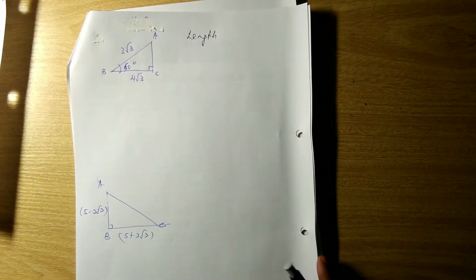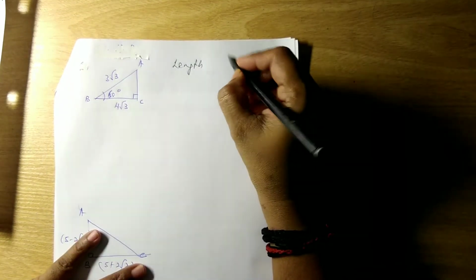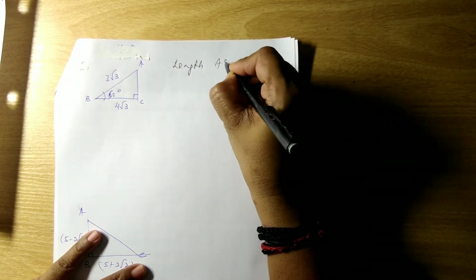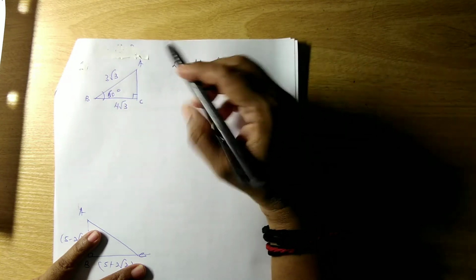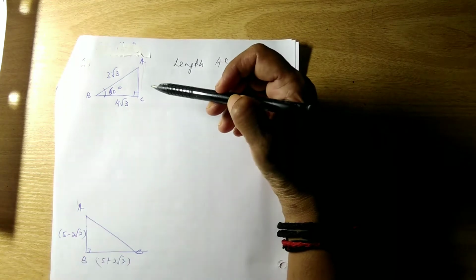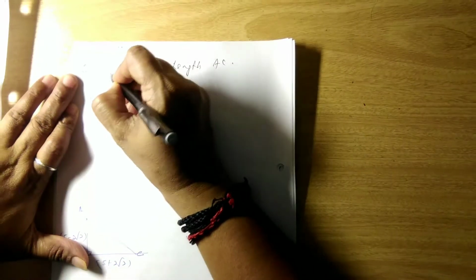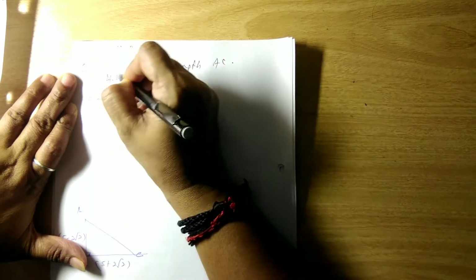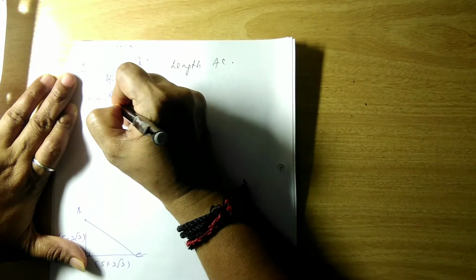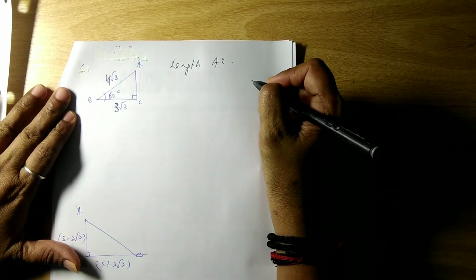Alright. We move on to one more question. The question says, find the length of AC. In the question is given a right angle triangle, so we want to find the length of AC. This is 4√3, this is 3√3.